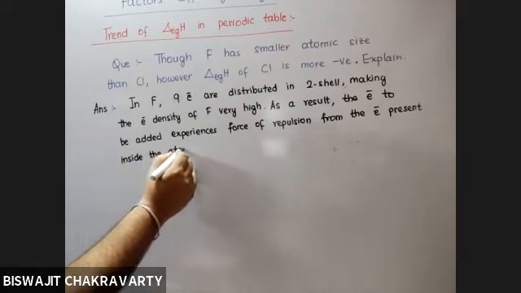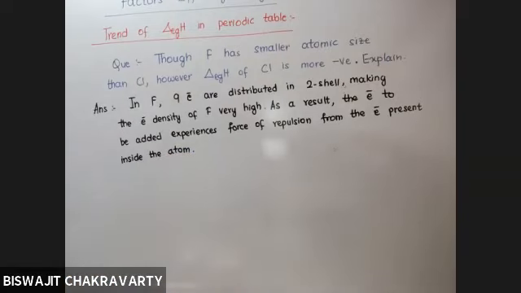The electrons which are already in the atom, crowded together, they will repel the electron which is to be added up.